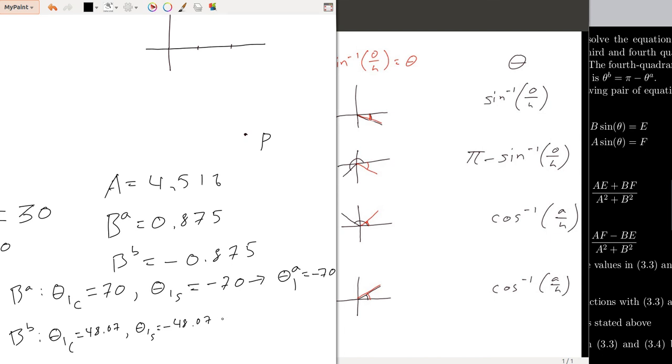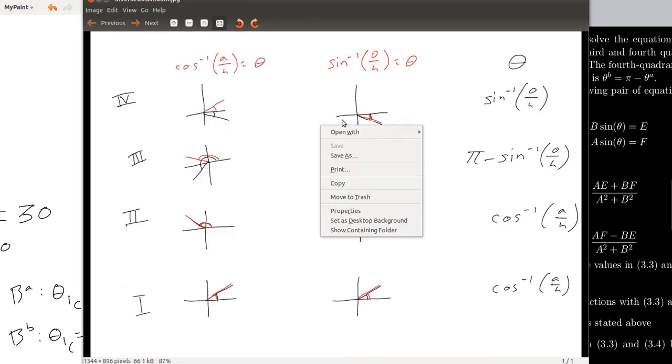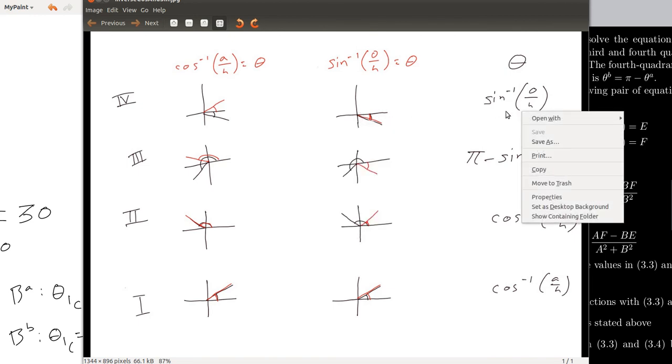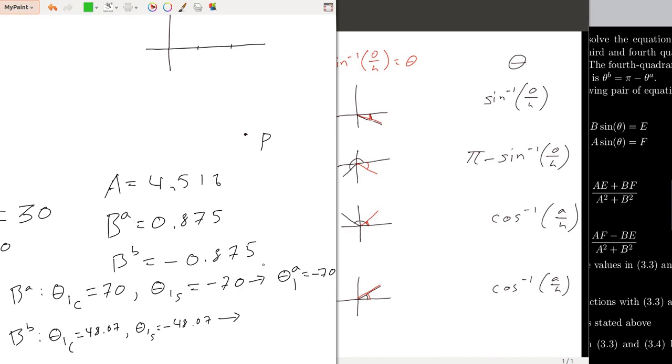This is the same situation as before, where inverse cosine gives us something in the first quadrant and inverse sine gives us something in the fourth quadrant. So we know that our actual value is in the fourth quadrant, and we should use the inverse sine value. So we get that theta 1b is negative 48.07.